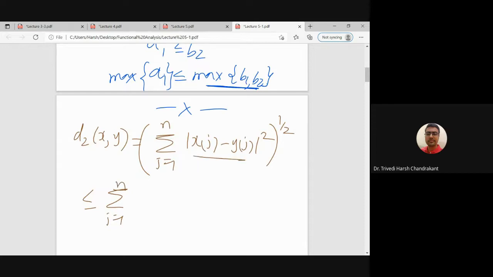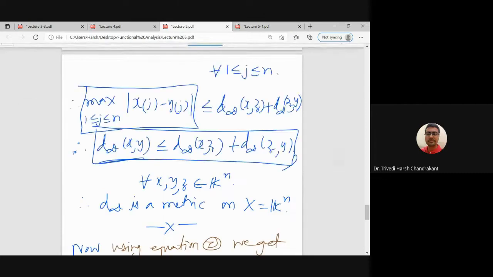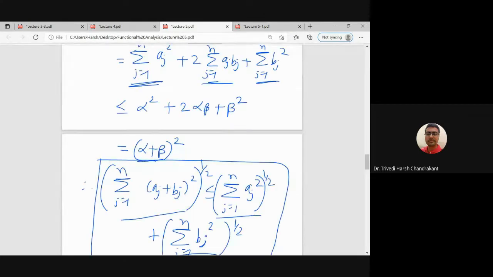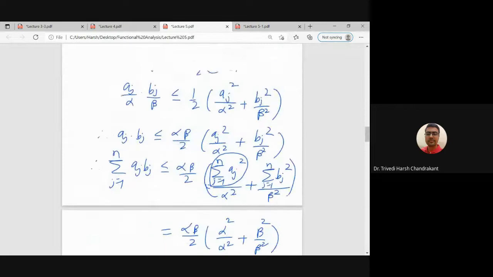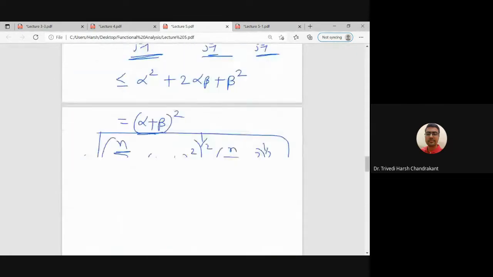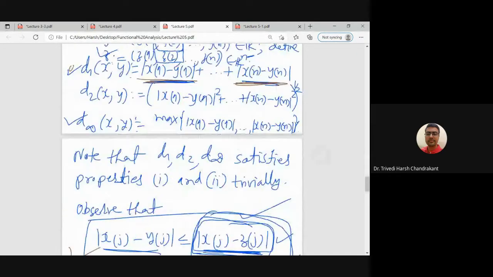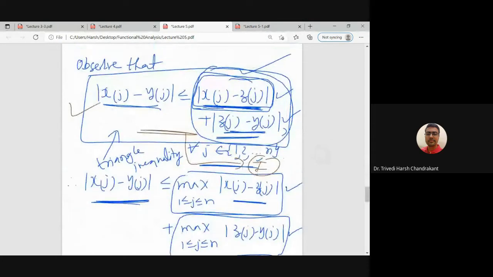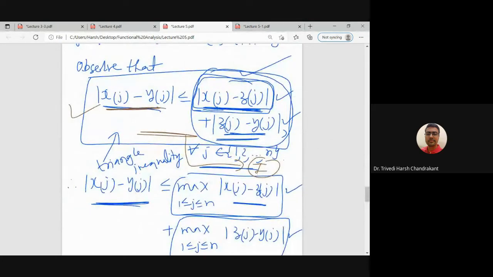This term we know from equation number 1: xj minus yj is less than or equal to this number. If we take the square on both sides, then the square of this number is less than or equal to the square of this number.